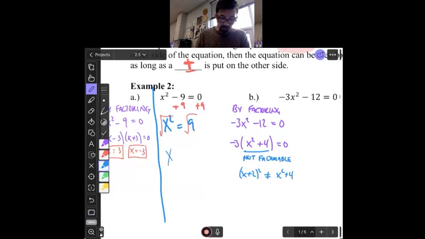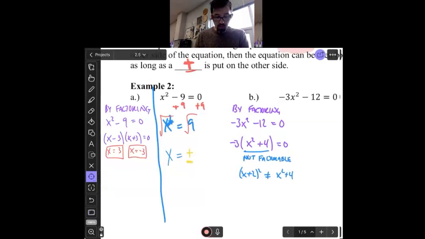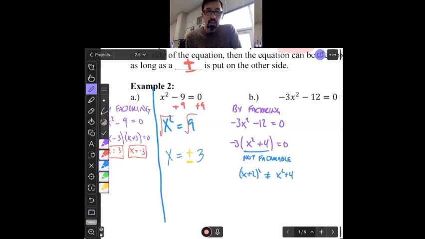So on the left it gives us x. Now because we square rooted, we need to address that fact that there's 2 answers to that question. What number multiplied by itself is 9? Well, there's 2 numbers I can multiply by themselves to get 9, positive 3 and negative 3.